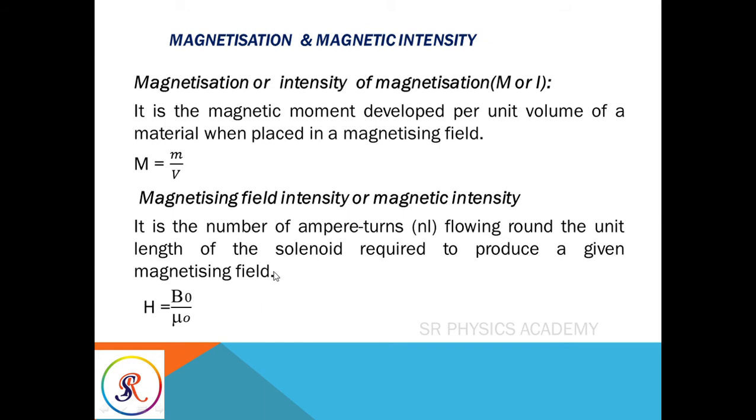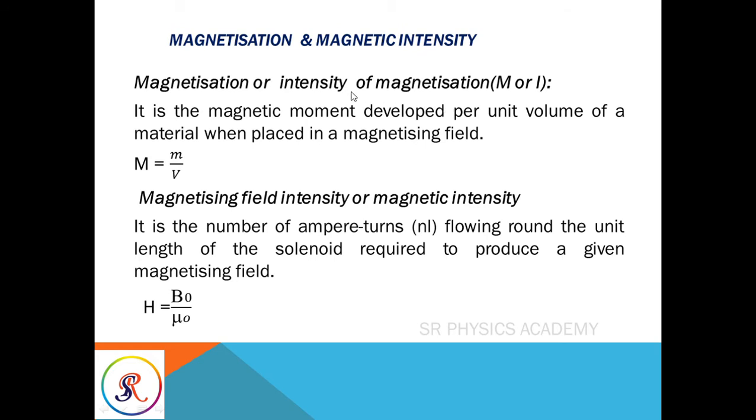Next is magnetization or intensity of magnetization. It is denoted by capital M or small I. It is the magnetic moment developed per unit volume of a material when placed in a magnetizing field. For example, when a magnetic material is placed in a magnetizing field, it gets magnetized.